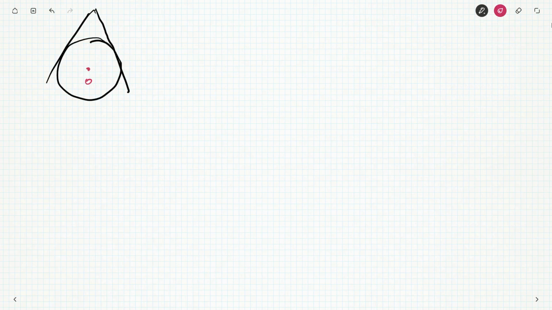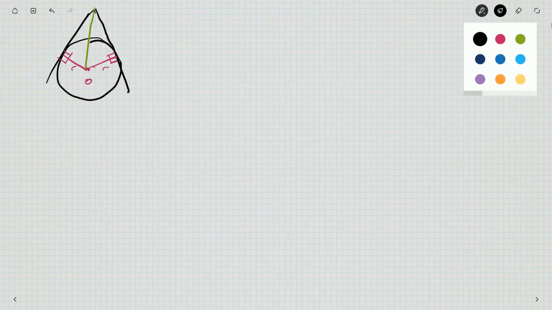So perhaps I should have just drawn a center instead of the point of tangency, the common point to the tangent lines. Anyway, we're going to have the same radius, and if we drop this line down here, we have a side angle side similarity. Two sides and this right angle here. Everything's going to be nice and similar.